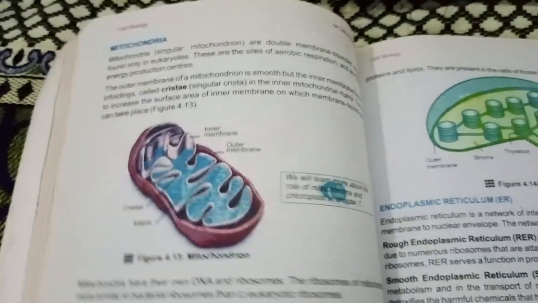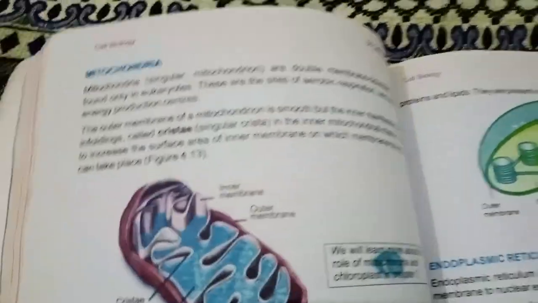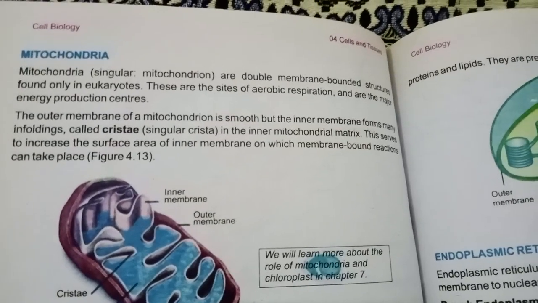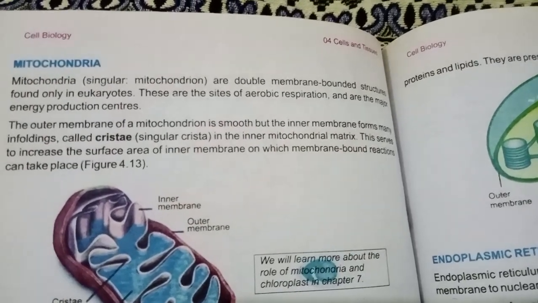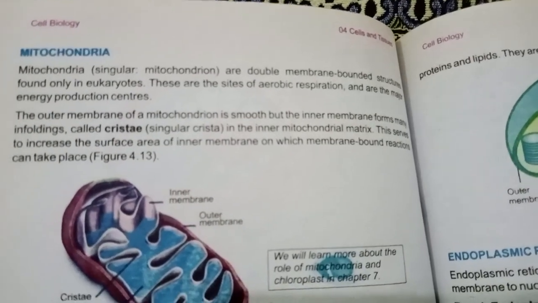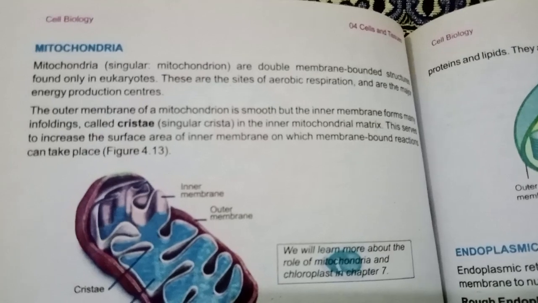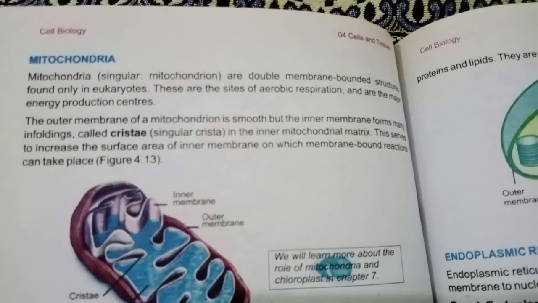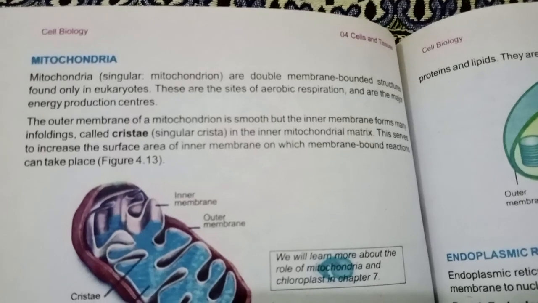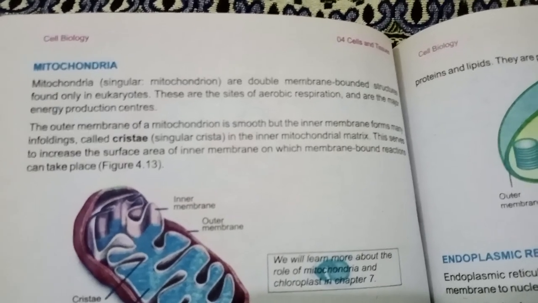The next organelle of the cell is the mitochondria. The mitochondrion, singular of mitochondria, is a double membrane bounded structure found only in the eukaryotic cell. These are the sites of aerobic respiration and the major energy production centers of the cell.